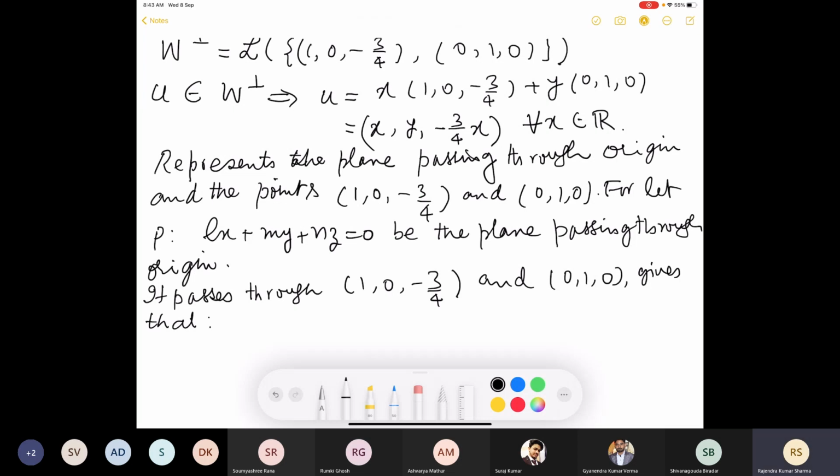So you can substitute for x, say for example 1, for y 0, and for z say minus 3 by 4. So this point, if it falls on the plane, tells me that this is L minus 3 by 4 N, and 0. So this implies that L minus 3 by 4 N is 0, and because of this M is equal to 0.